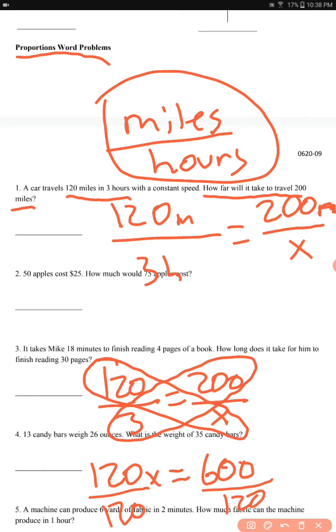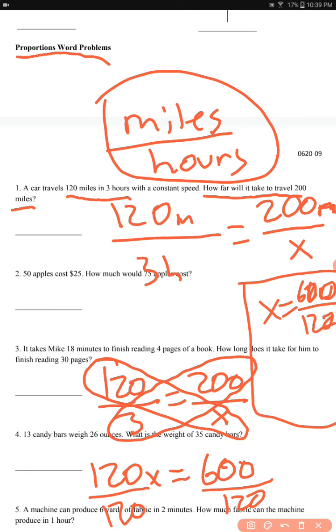So then we get x equals 600 over 120, and that equals 5. So the answer to this question will be 5 hours.